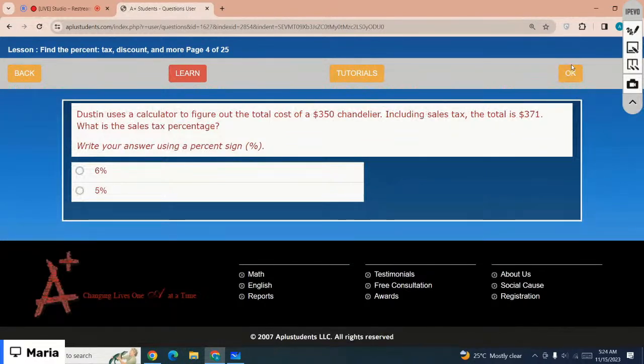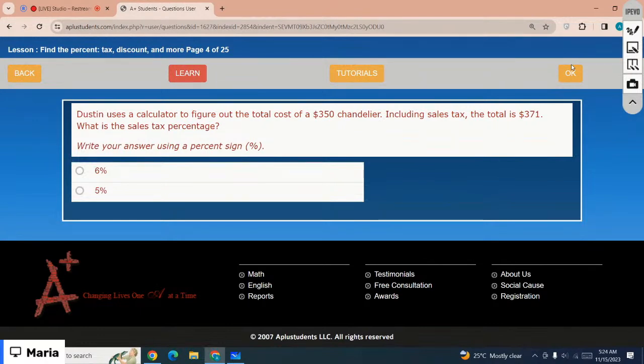Okay, the next one is Dustin uses a calculator to figure out the total cost of a $350 chandelier, including sales tax. The total is $371. What is the sales tax percentage? You have to do it exactly the same way I did the previous one, right?